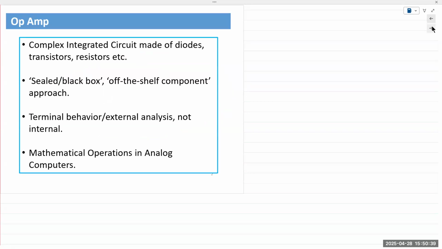Now, if the words transistors and diodes are not familiar to you, you're going to study that in EE 306. That's like a year away from now. But students need to know how to approach the op-amp as an off-the-shelf component.